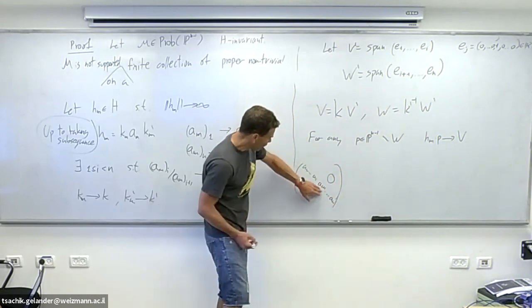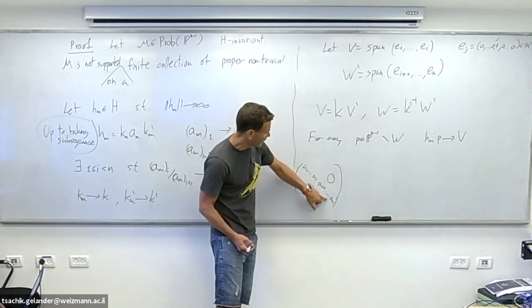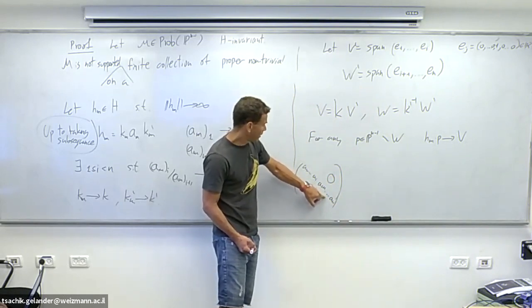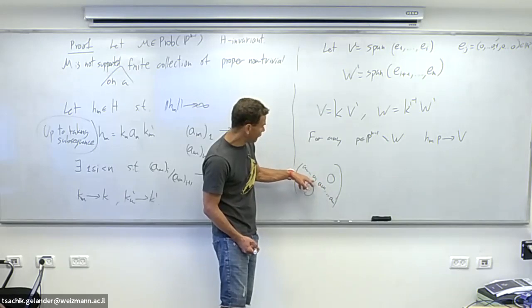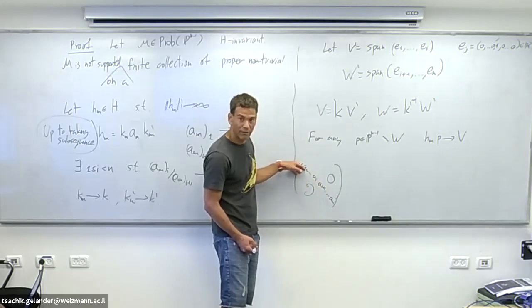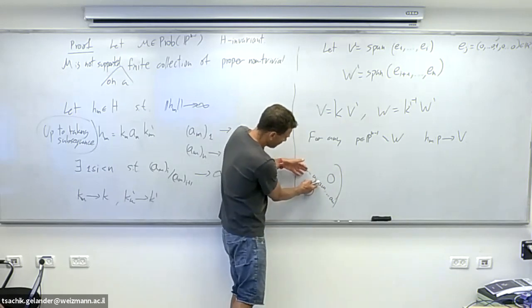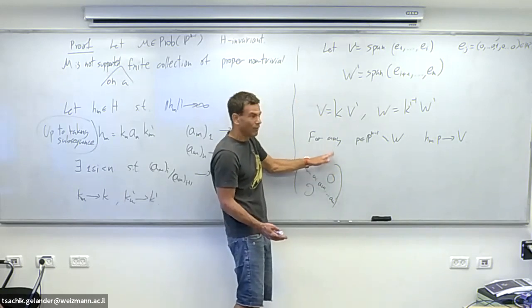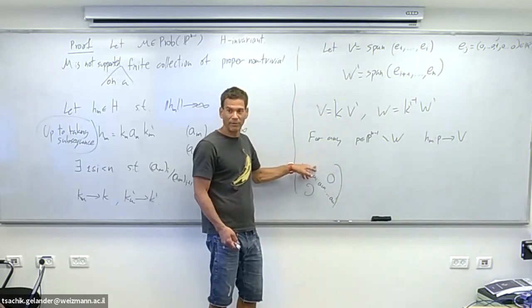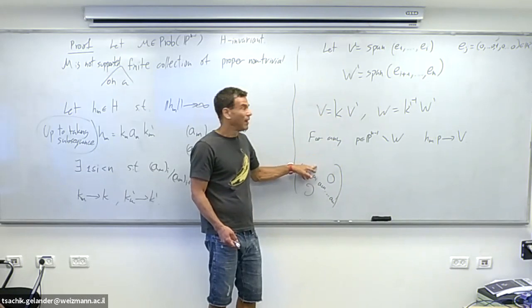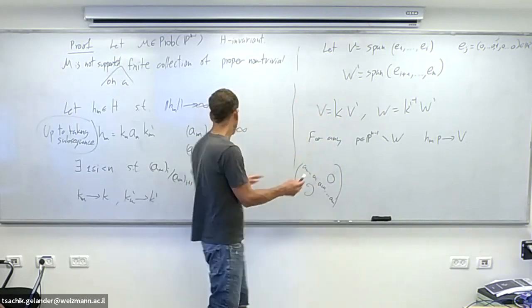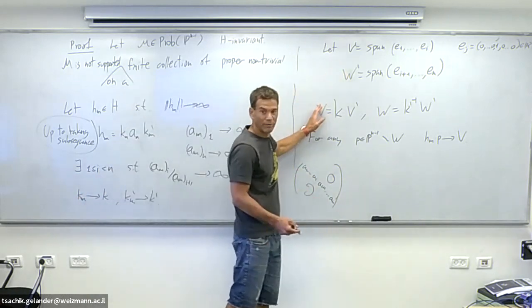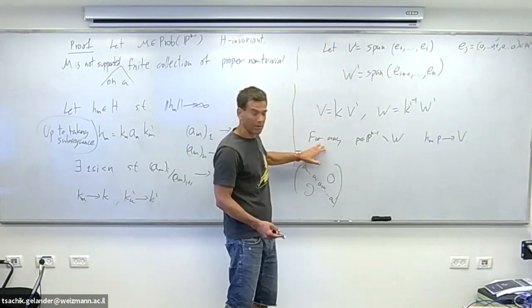If I have a vector which is not in the span of the last coordinates, not in W prime, then its image will have something here also. Now the jump from here to here goes to infinity, so the image of such a vector will be in the limit inside that space. And if you play on the right and the left with K and K prime, you need to change V prime and W prime, but you still get that.